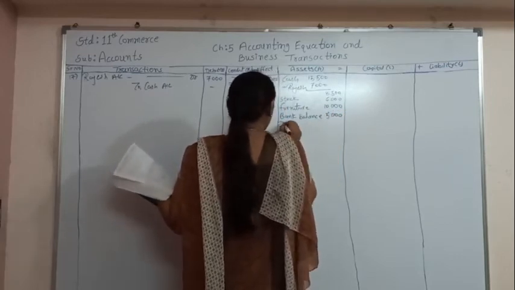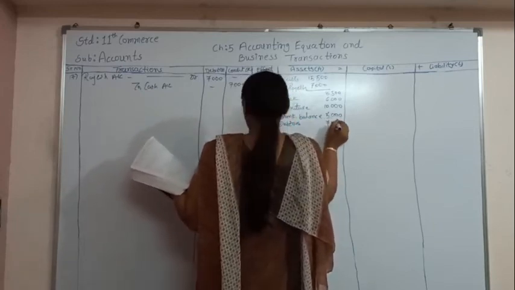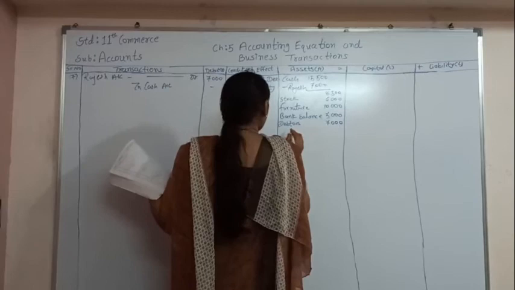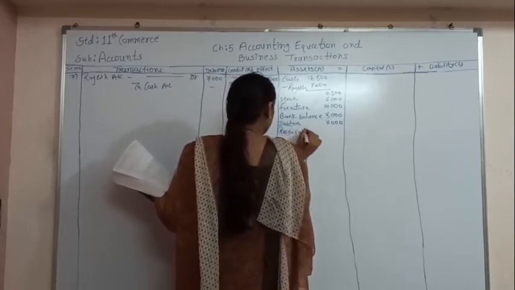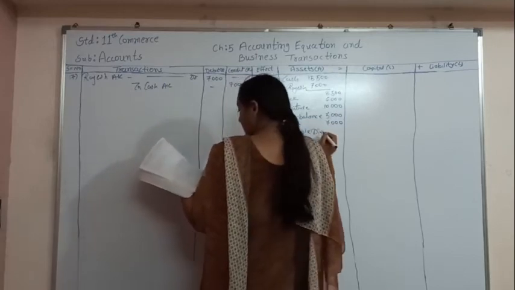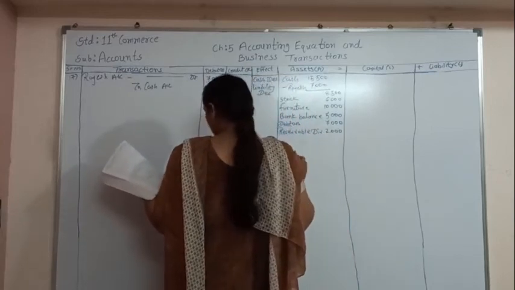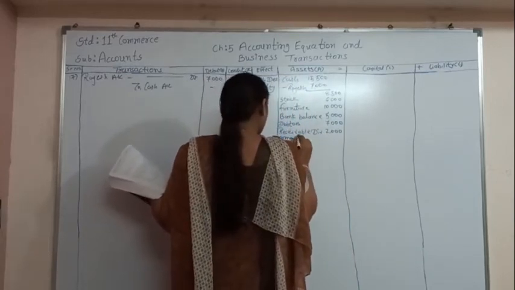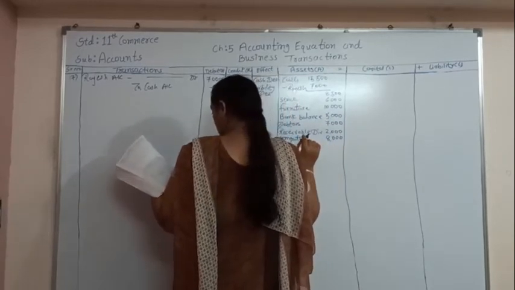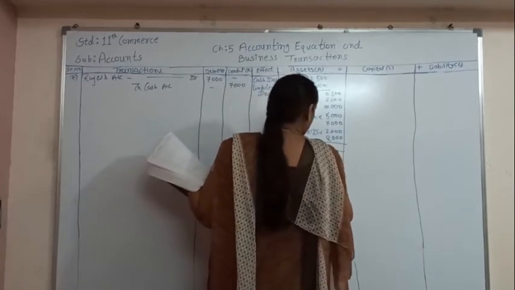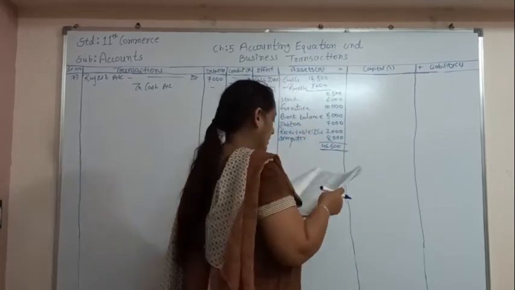Then debtors, so debtors is rupees 7,000. Then receivable dividend of rupees 2,000. Then the next was a computer that we already purchased, so computer of rupees 8,000. So the total of this will be 46,500.